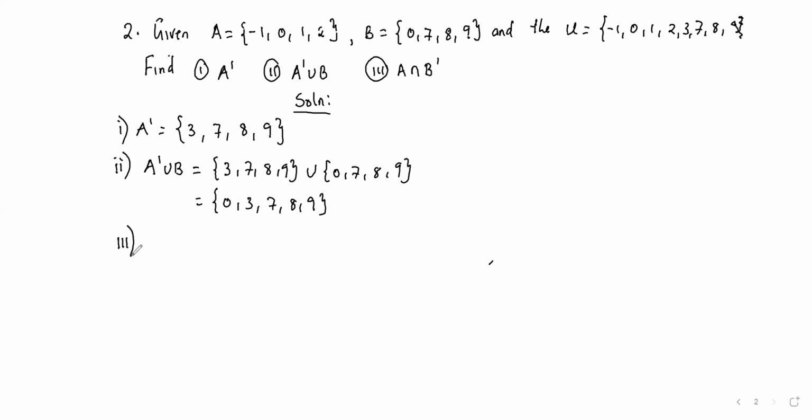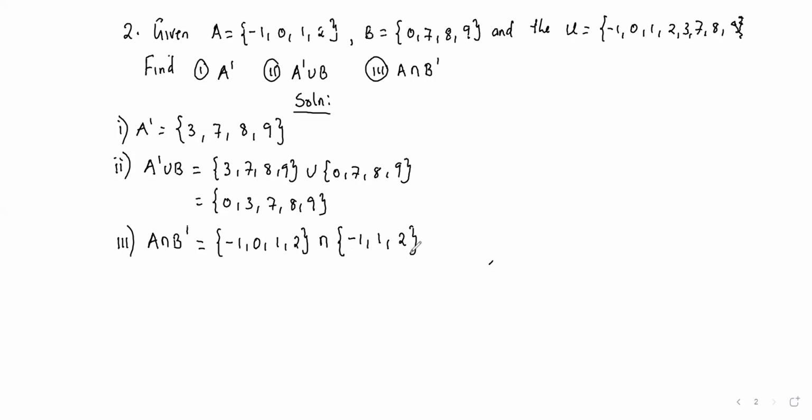Part 3, A intersection B complement. So here now we have what is in A intersection what is not in B. So let's get B complement. B complement will have -1, 1, 2. So we'll leave out 0.